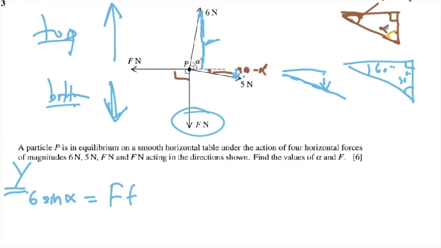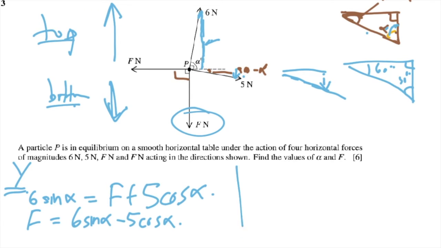So F plus, and as I just said, if that's 90 minus alpha, that should be alpha. So you should get 5 cos alpha. Why 5 cos? Because it's adjacent over hypotenuse.